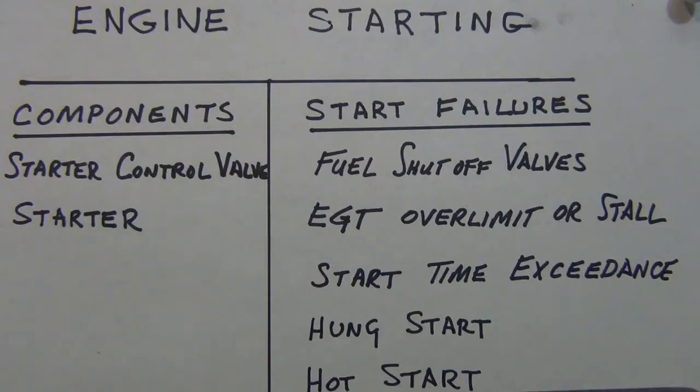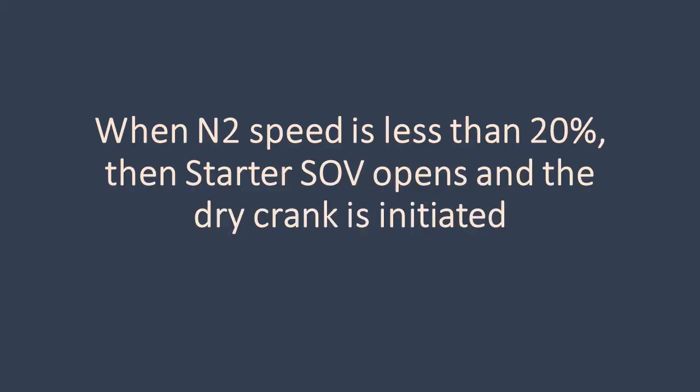When that happens, then the starter shut-off valve. Remember I said the starter itself has its shut-off valve? That's going to open. This is variable, which just changes based on the N2 speed. Here, if the speed is less than 20%, that's when that command is going to happen for the starter SOV, or shut-off valve, to open.